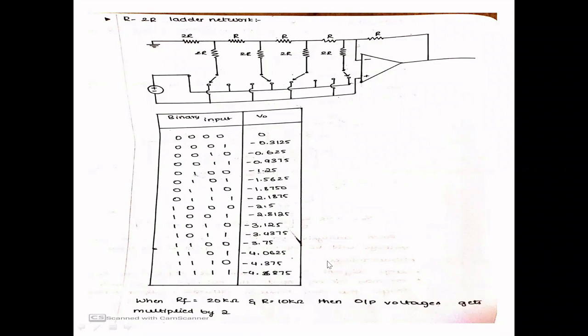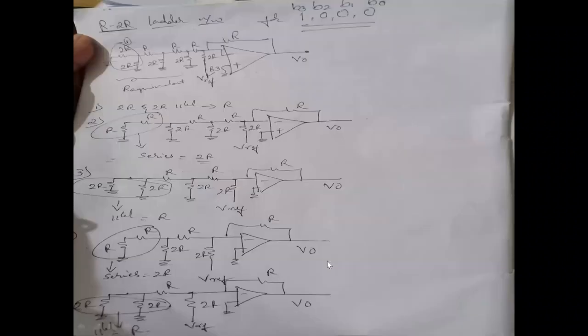So how does the circuit look when B3 is high? B3 is connected to the voltage reference, and the other terminals are grounded, so that is where we have considered them to be ground.